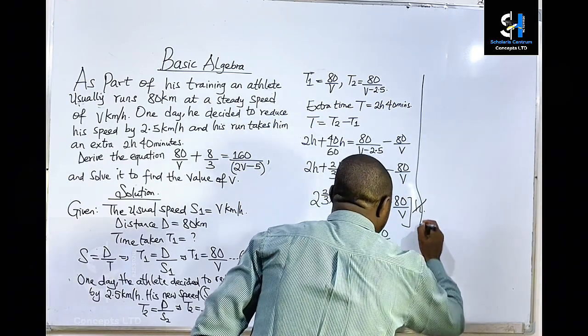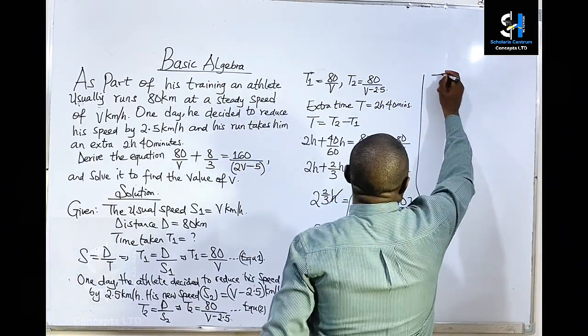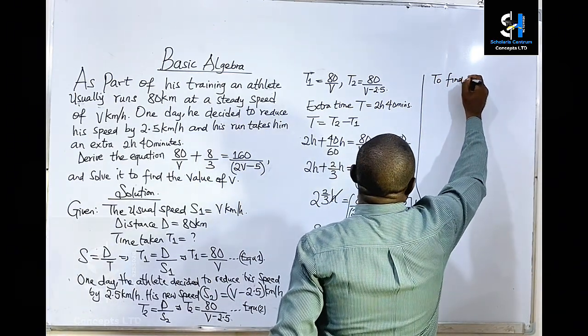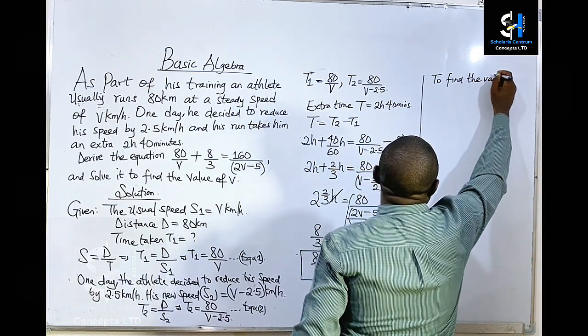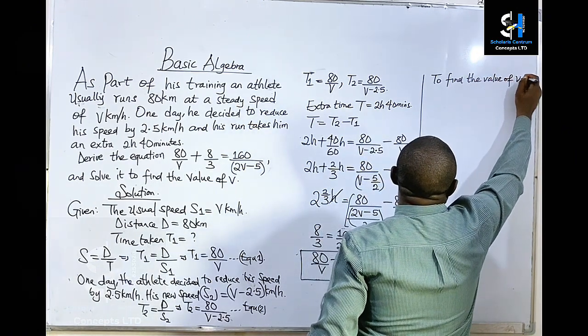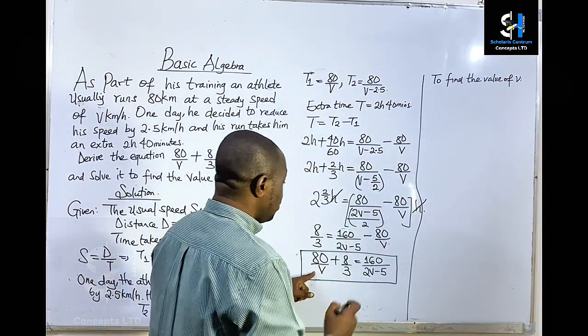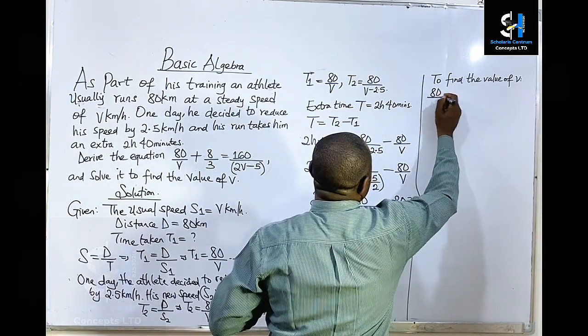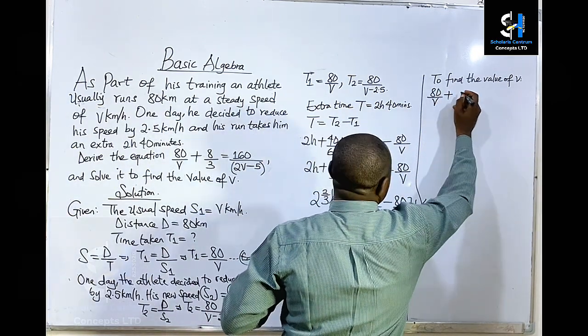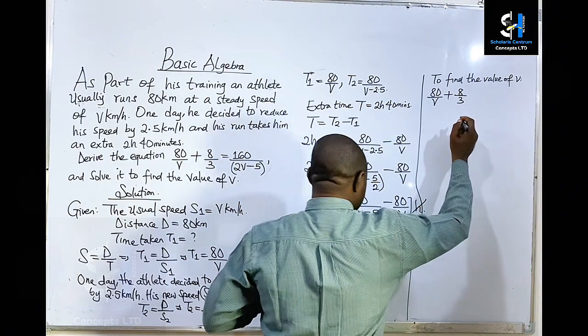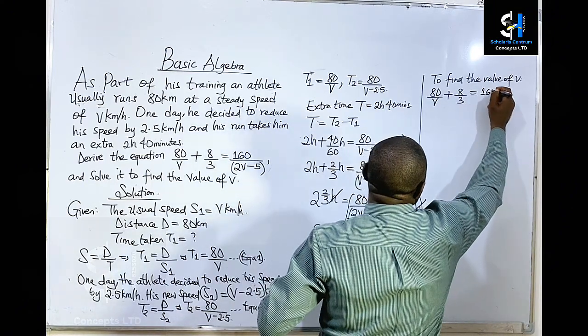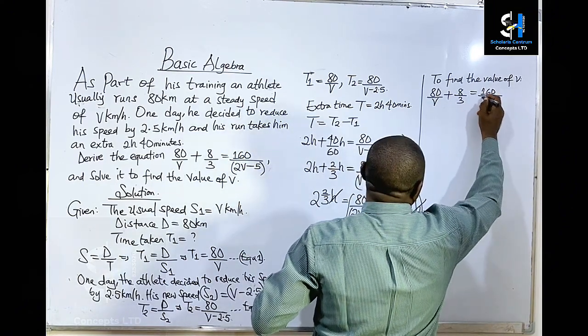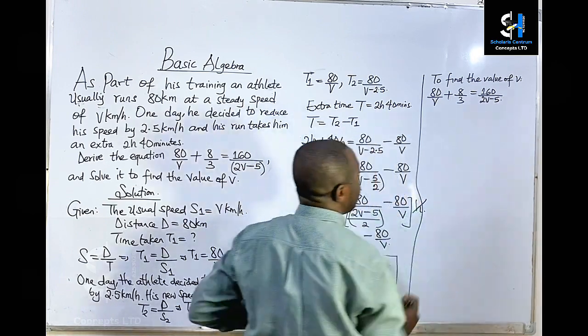All right. Now, to find the value of V, we have the equation here, which is 80 over V plus 8 over 3 equals to 160 over 2V minus 5.